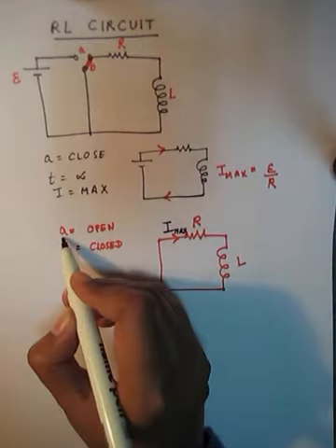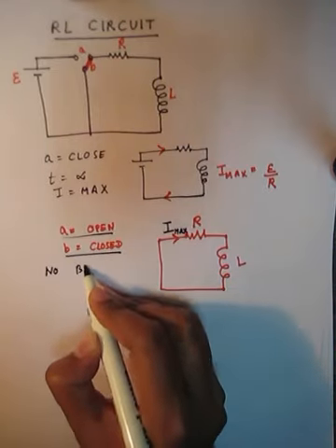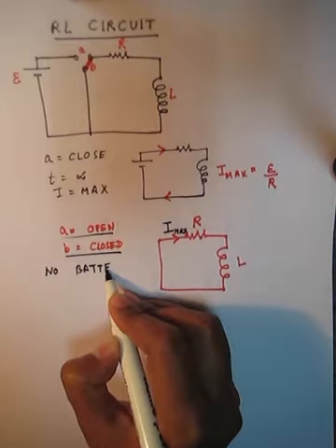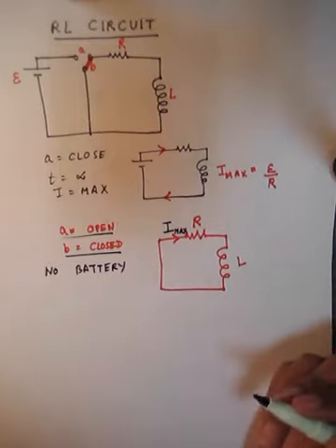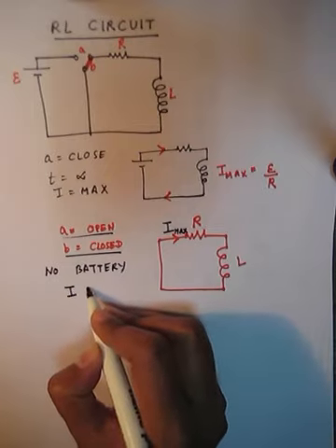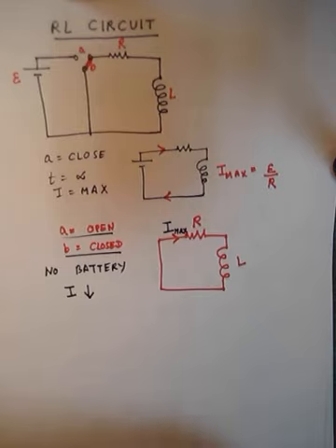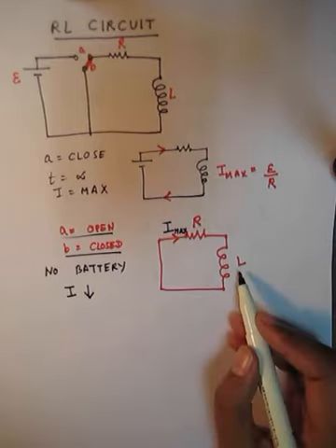Now when switch A is open and B is closed, there is no battery in this circuit, and when there is no battery, whatever the current is, it will start to decrease, it will start to fall out. Now we know how an inductor will behave.